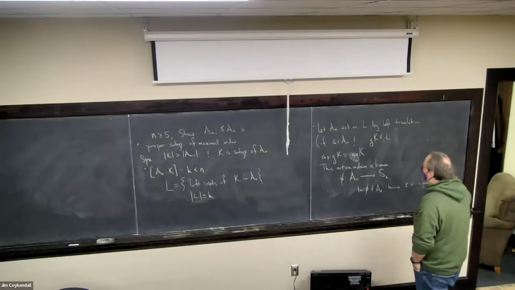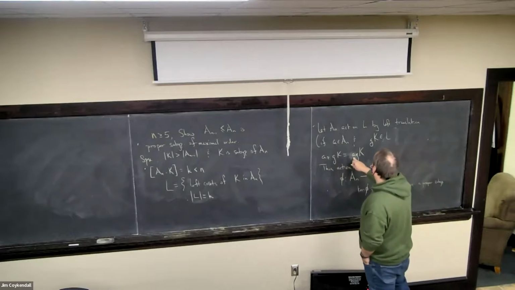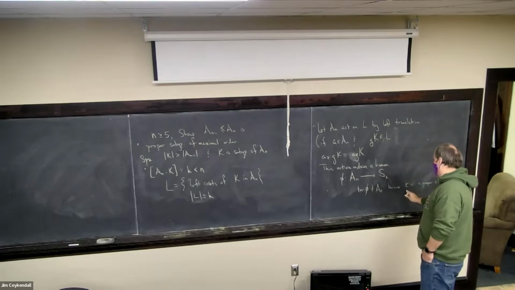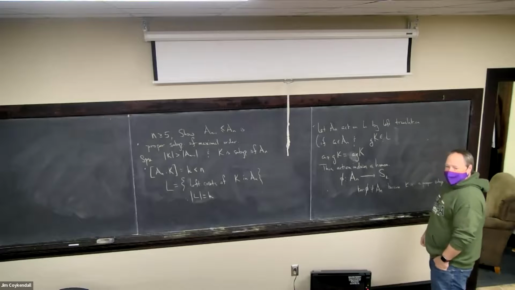Think about what it means to be in the kernel: it has to fix everything, and since K is a proper subgroup, it's not going to work. So the kernel is not all of A_n.